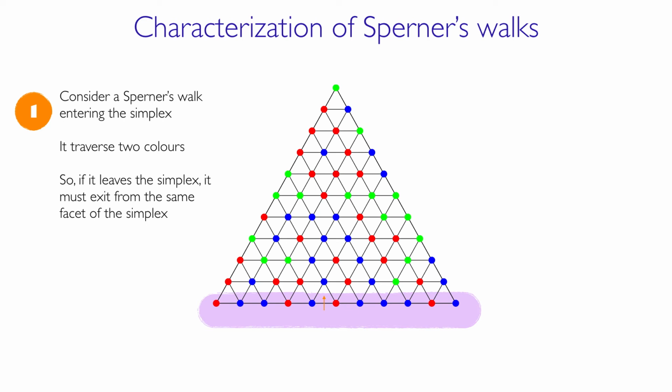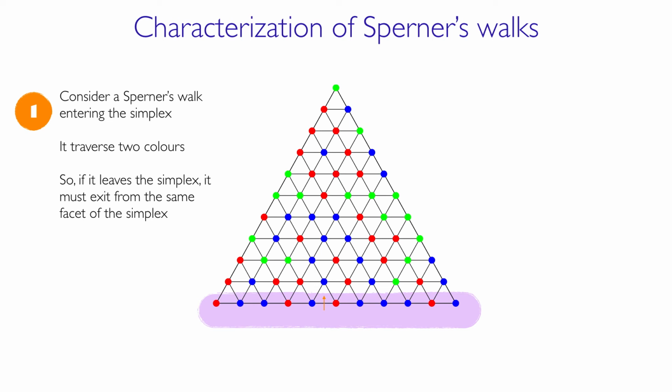In the example, the facet in violet. We can show that if the Sperner walk leaves the simplex, then it must leave the simplex from the same facet from which it enters. To avoid confusion, the subsimplex in which the walk enters the simplex is different from the subsimplex from which it leaves the simplex, but the facet of the simplex is the same.